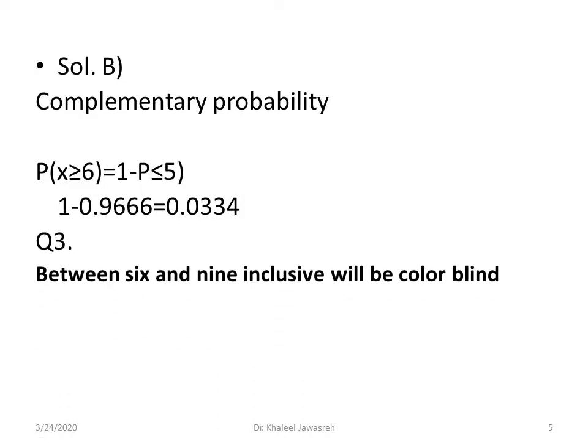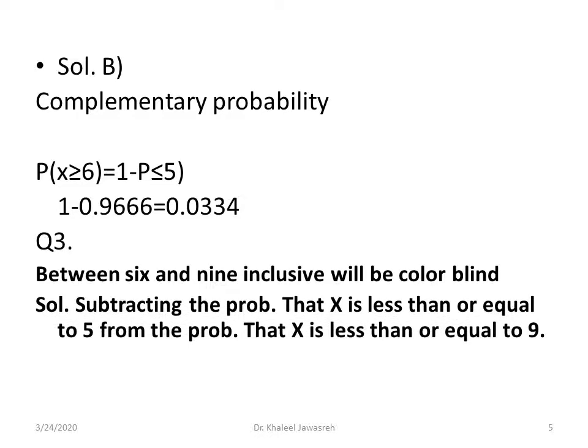Question 3. Between 6 and 9, inclusive, will be colorblind. What's the probability from those 25 people to be between 6 and 9? It's inclusive.